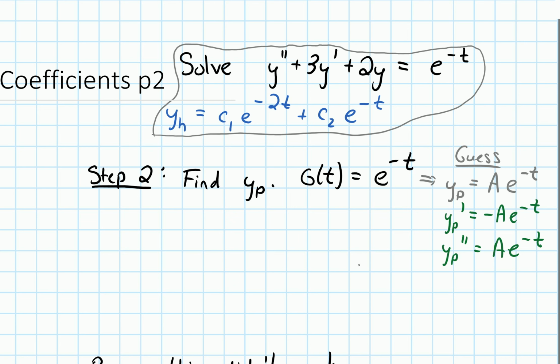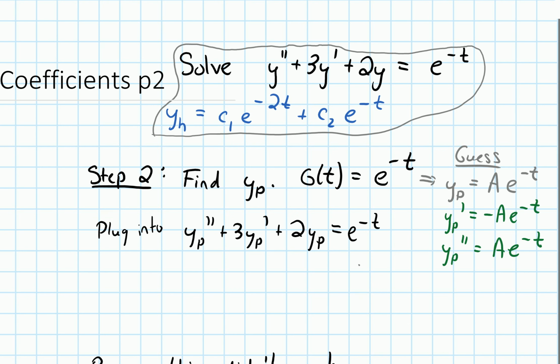Now let's plug these in. If we plug yp into the differential equation, we get yp double prime plus 3 yp prime plus 2 times yp, and that needs to be equal to e to the negative t.